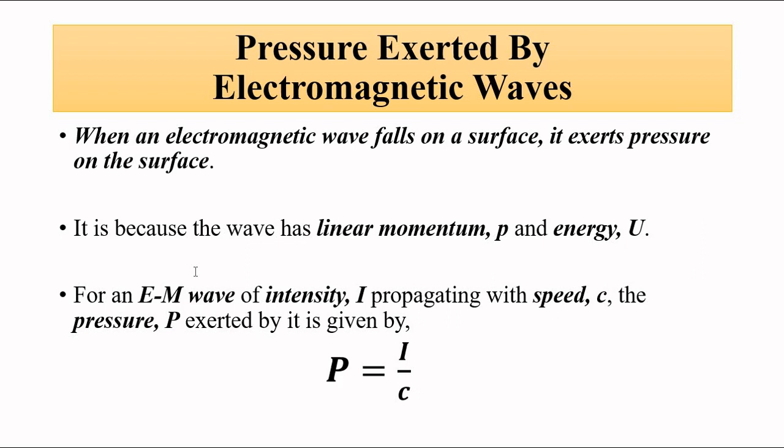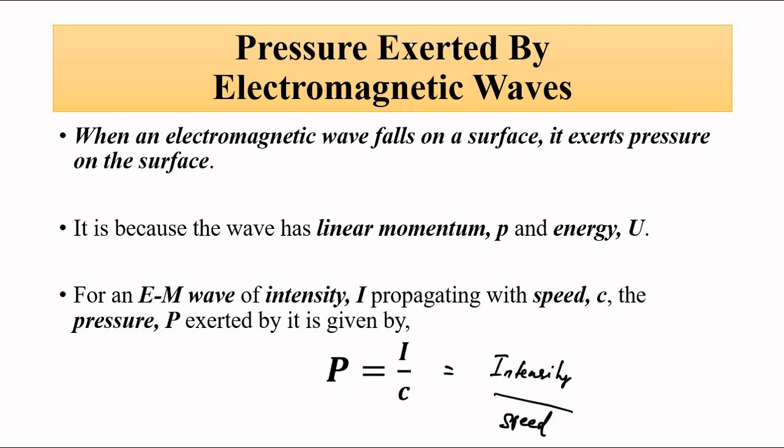is equal to the ratio of intensity and speed. Okay, the pressure exerted by the electromagnetic wave is equal to intensity by speed.